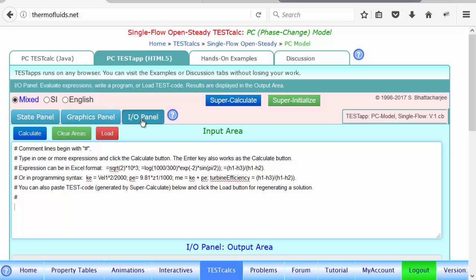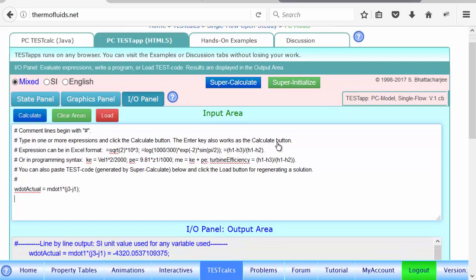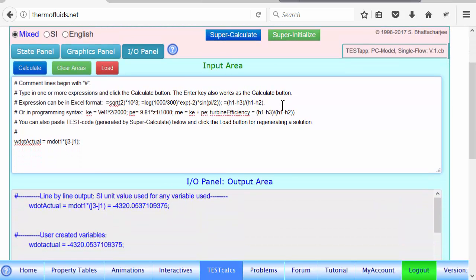So in the IO panel, we can find out the actual work. Suppose we call it W dot actual, equals m dot 1 times J3 minus J1. We could use H instead of J, but it's always better practice to use J, because in case you want to include kinetic and potential energy, you will have it.